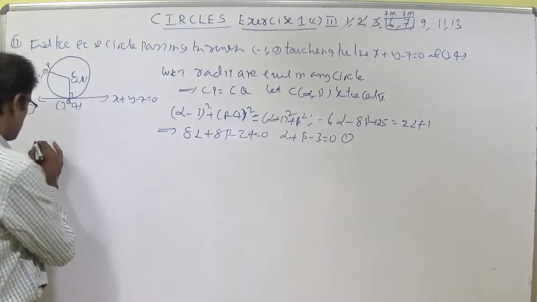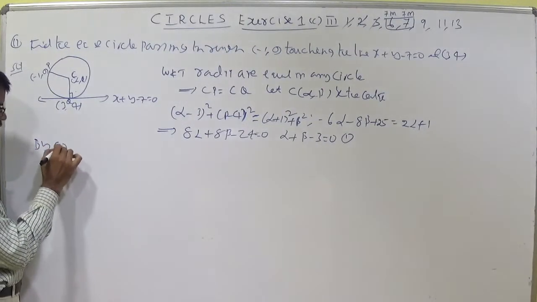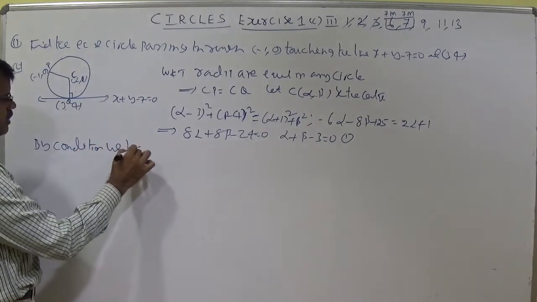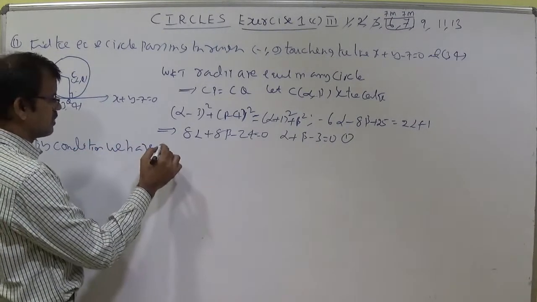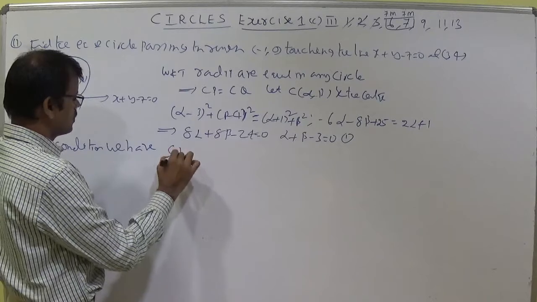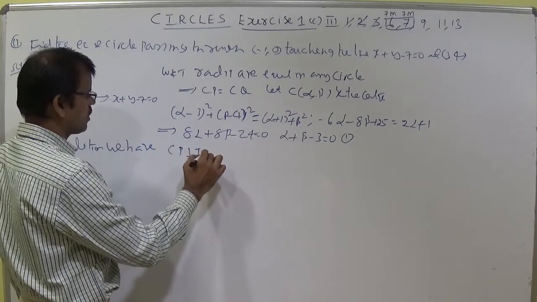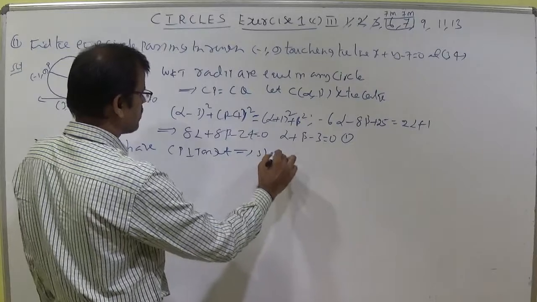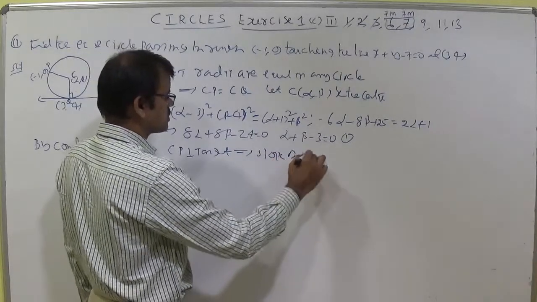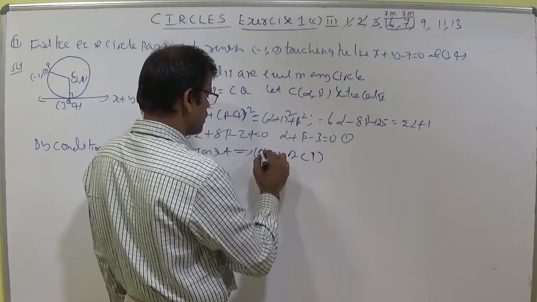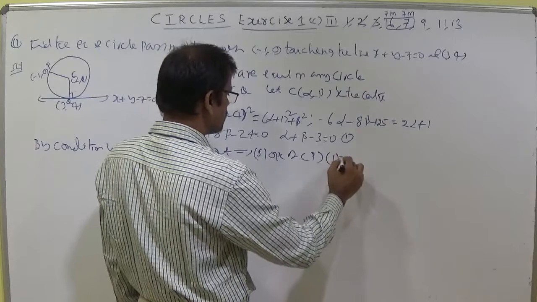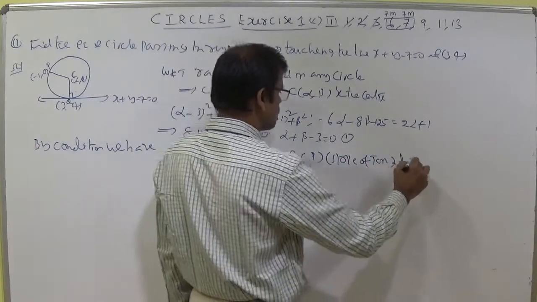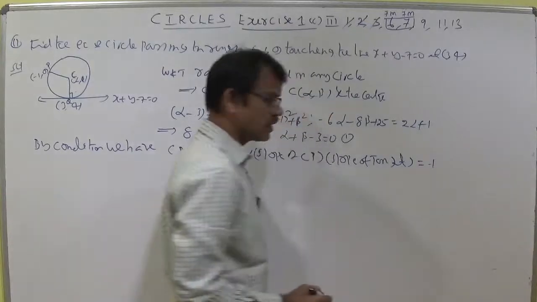By the tangent condition, we have CP perpendicular to tangent, that implies slope of CP into slope of tangent is equal to minus 1.